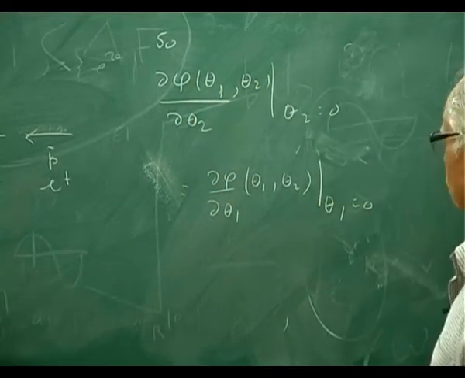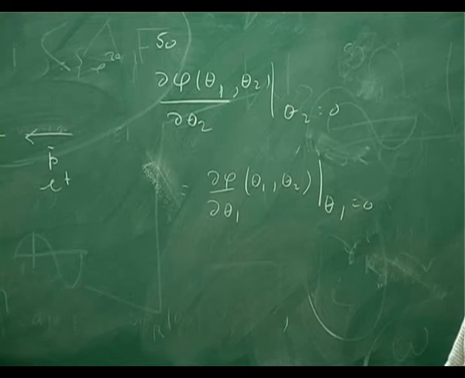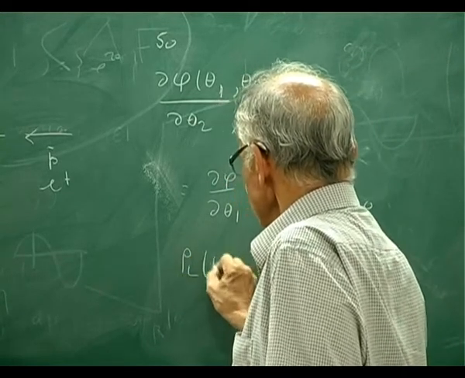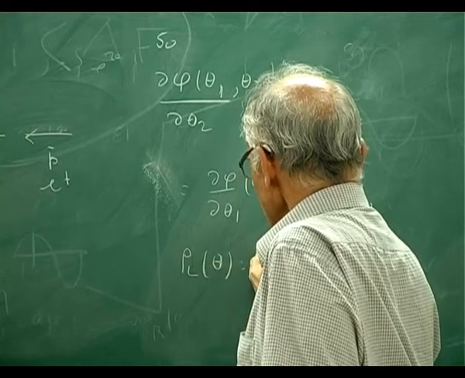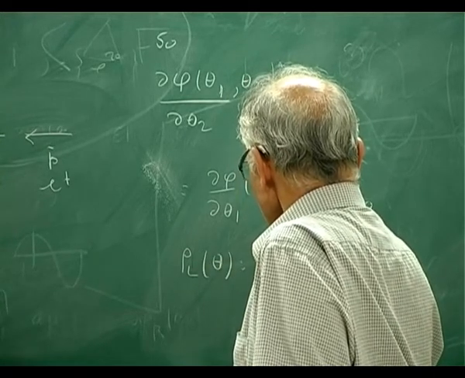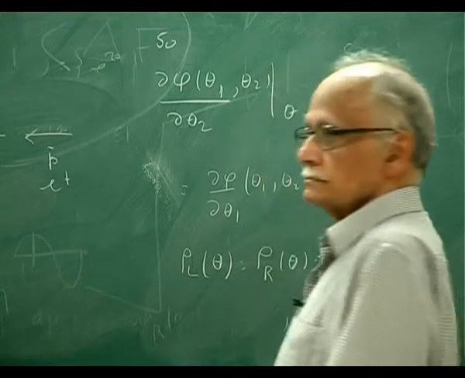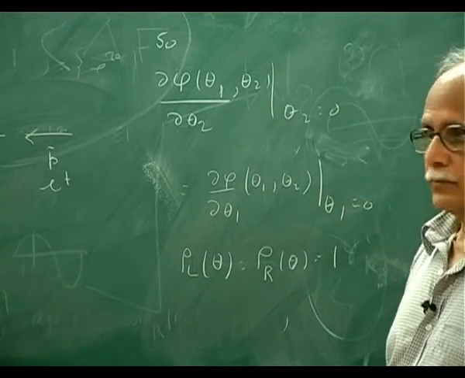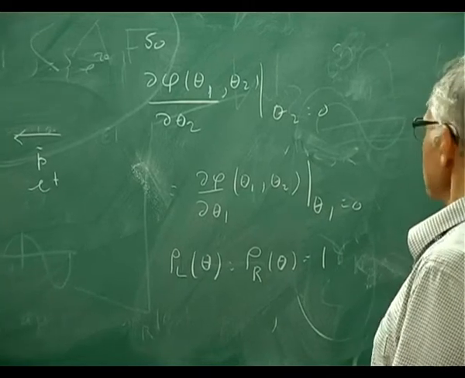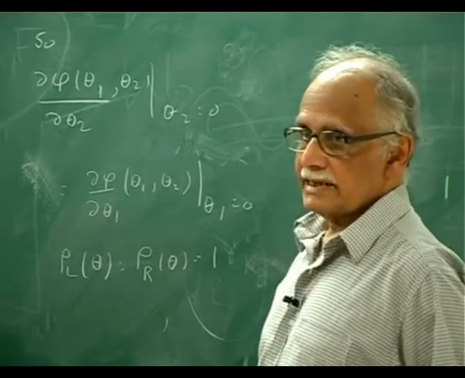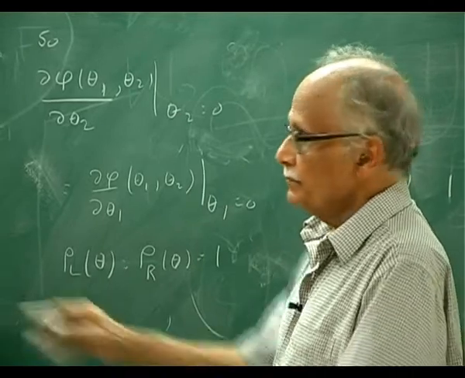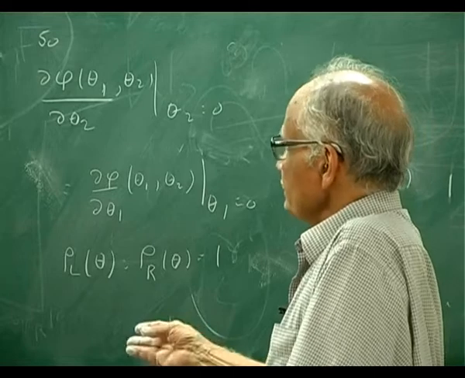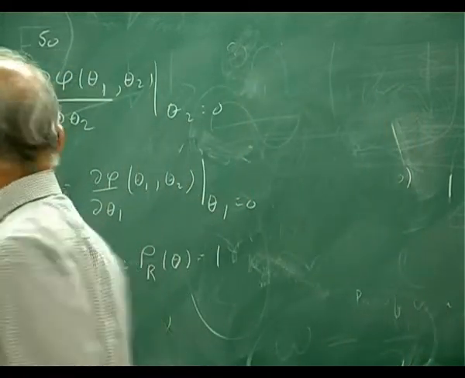So rho L of theta is equal to rho R of theta, and you can set it equal to 1. The left and right invariant measures are the same, but this comes from the fact that this group is abelian.